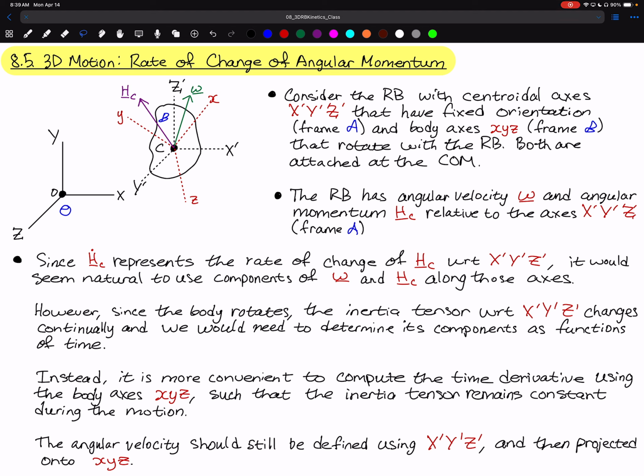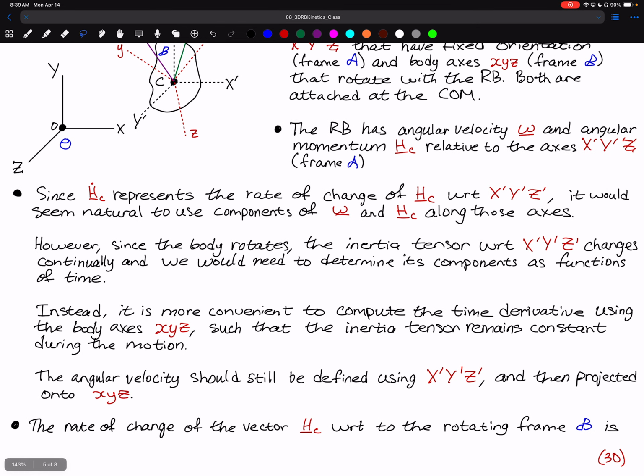However, since the body is rotating, our inertia tensor is going to change with respect to frame A. It's going to change continuously in time, and we'll thus need to determine what those components are as functions of time.